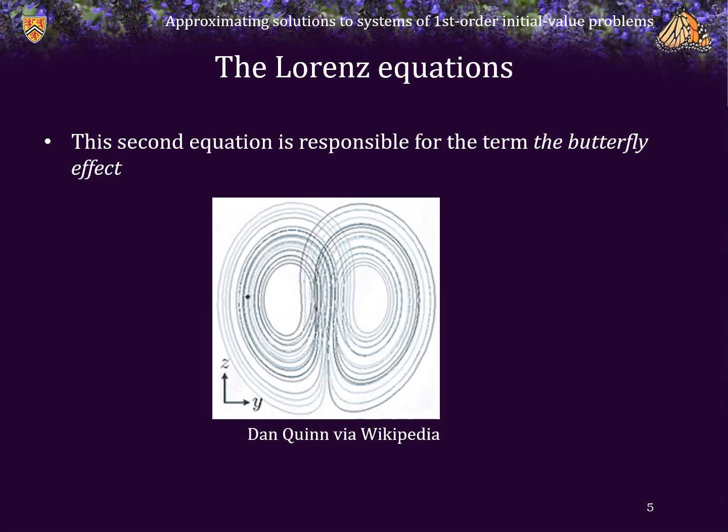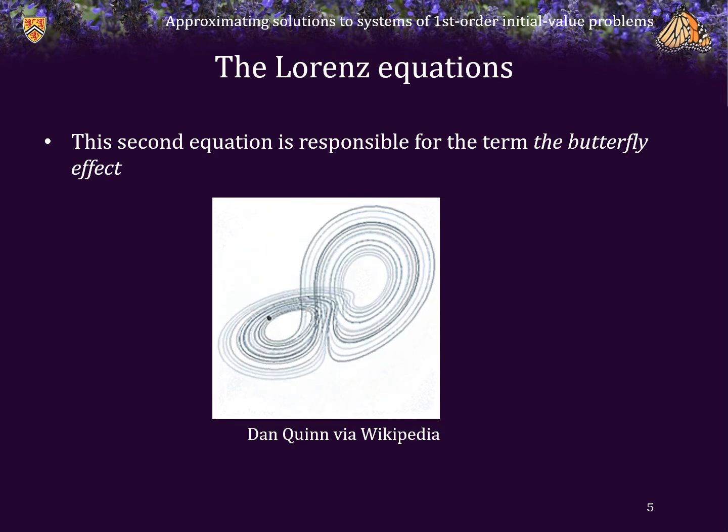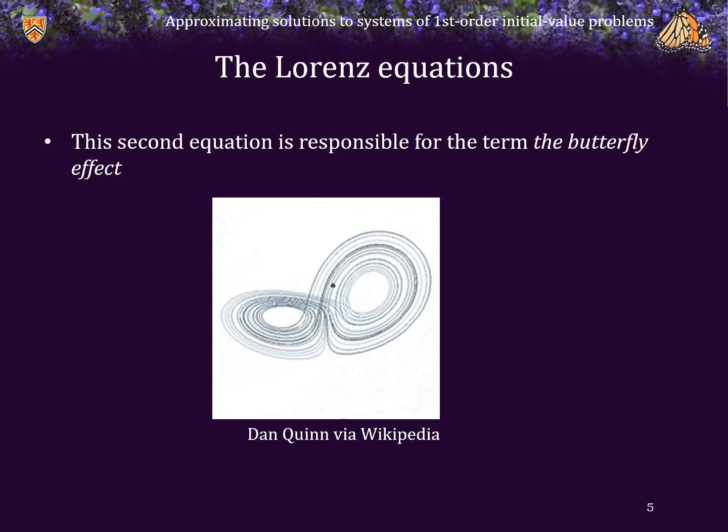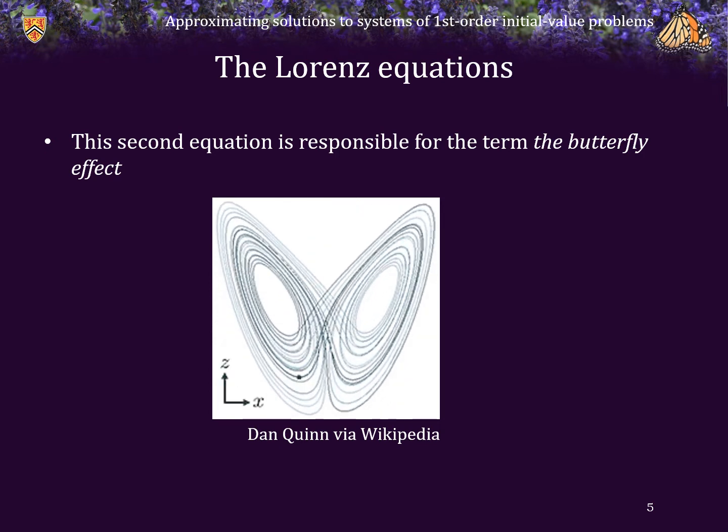What that dot represents is, in 3 dimensions, the position of the solution in the 3 directions x, y, and z. And so you can see that over time, all 3 change, and it seems to create this almost butterfly image.